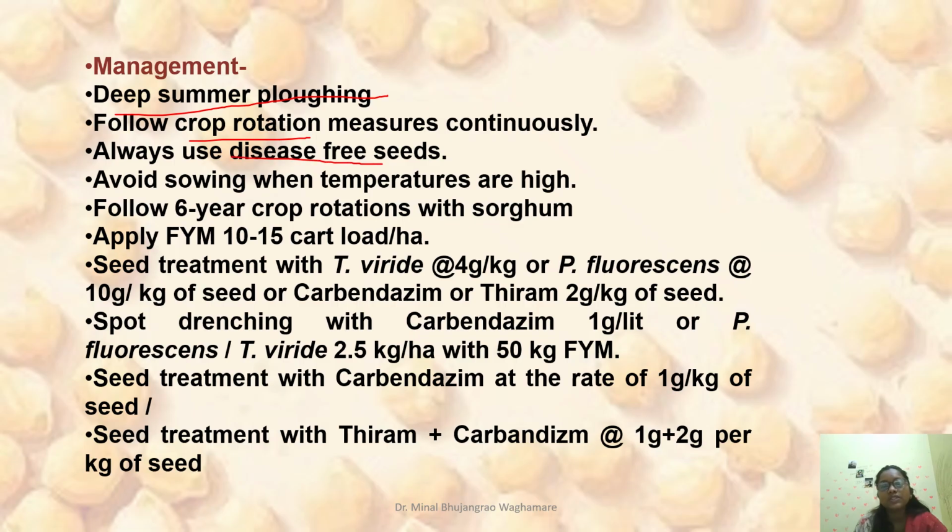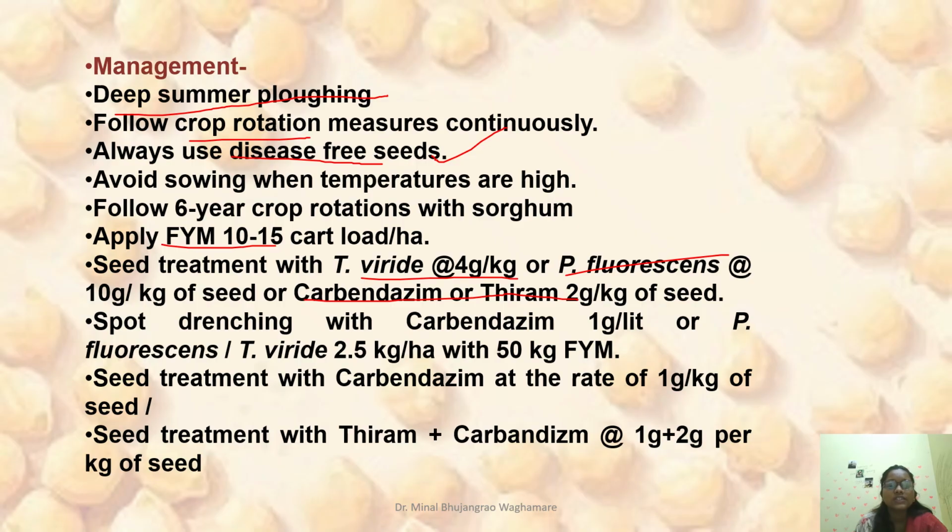Use disease-free seed, meaning a resistant variety, for cultivation. To enhance soil quality, we use FYM at 10 to 15 cart loads per hectare. Other seed treatments are carbendazim and thiram at 2 gram per kg of seed, Trichoderma viride at 4 gram per kg, and Pseudomonas fluorescens at 10 gram per kg.